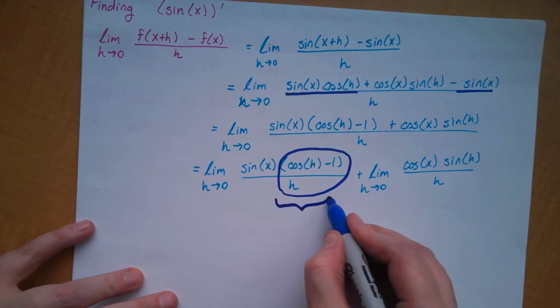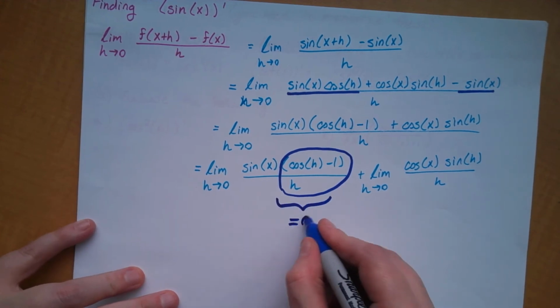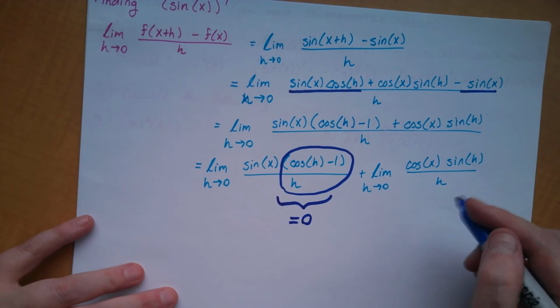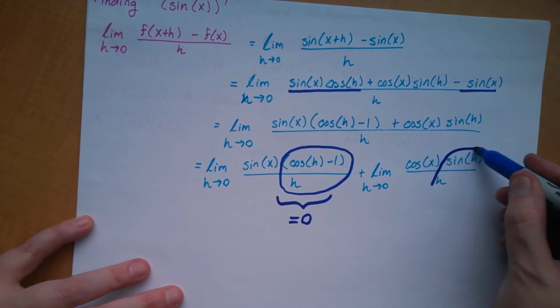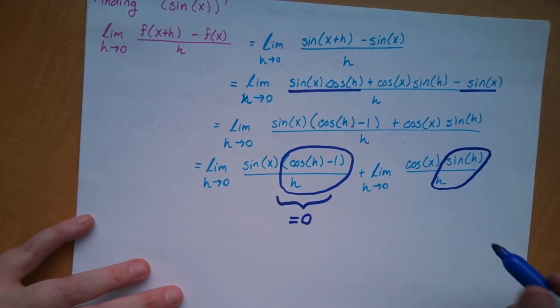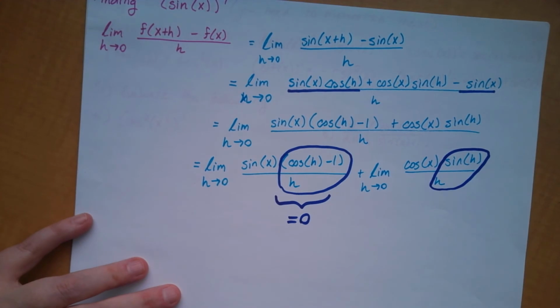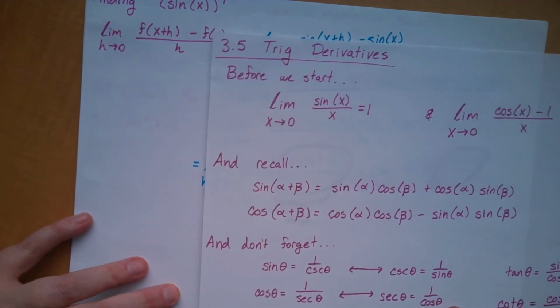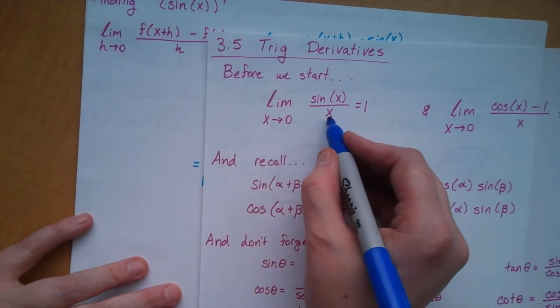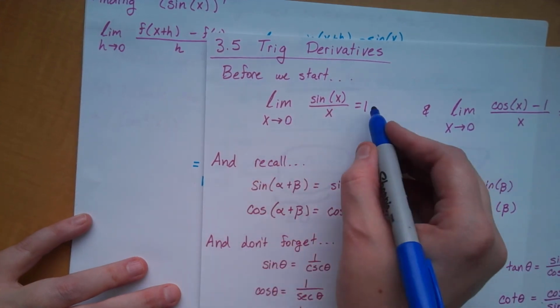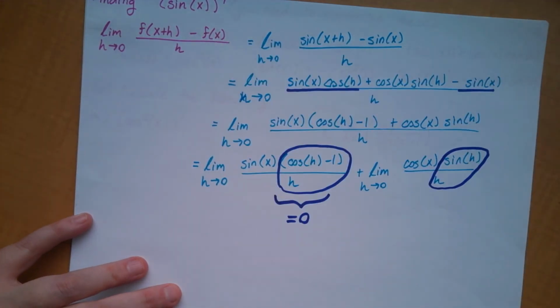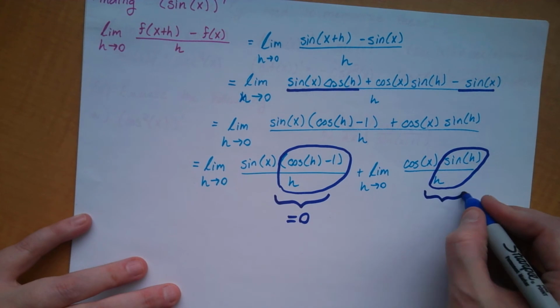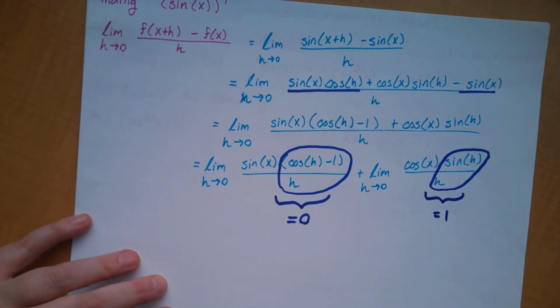So this whole thing is going to equal 0. Now over here, I have sine of h divided by h, and if we look back at that sweet limit that we got at the beginning of the video, sine of x over x as x approaches 0 equals 1. Therefore, this guy is going to equal 1.